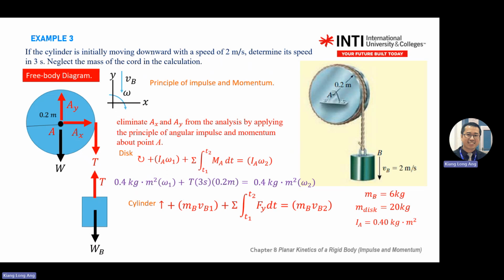We ask you, at what time will it reach a certain speed of 2 meters per second. It is released from rest. At what time will the object B or the rope travel at 2 meters per second after it is released from rest? You reverse. This one is missing, if the question asks you for time.